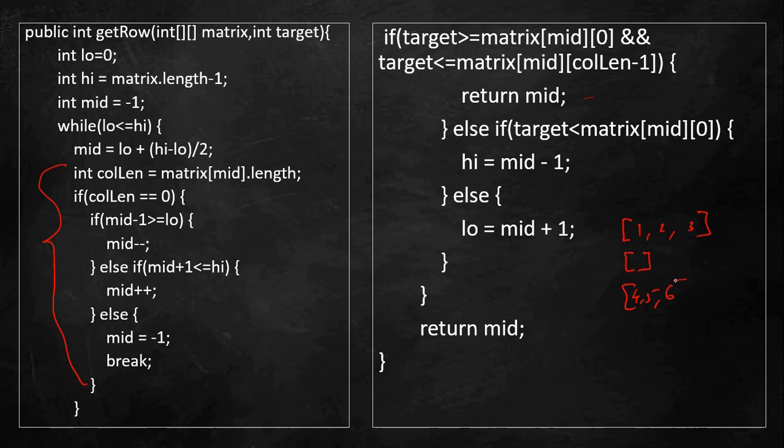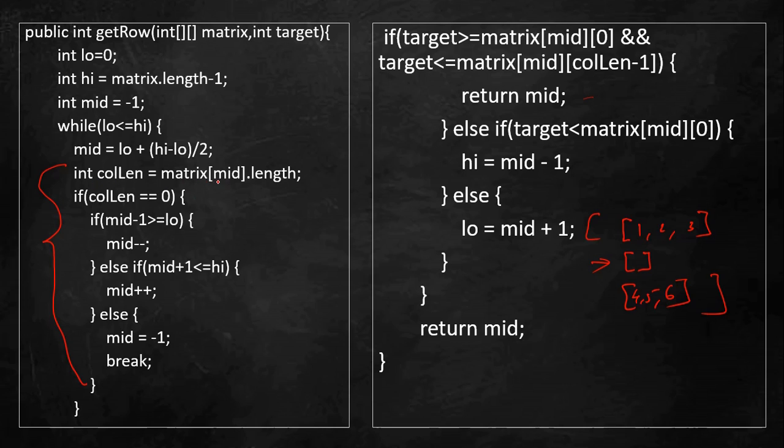So basically the length of each row is uneven. Now in this case, I need to find, let's say, 5. If this is the mid value, I need to take care of this condition. I can either go to the previous row or go to the next row to find the element. So that is taken care of here.